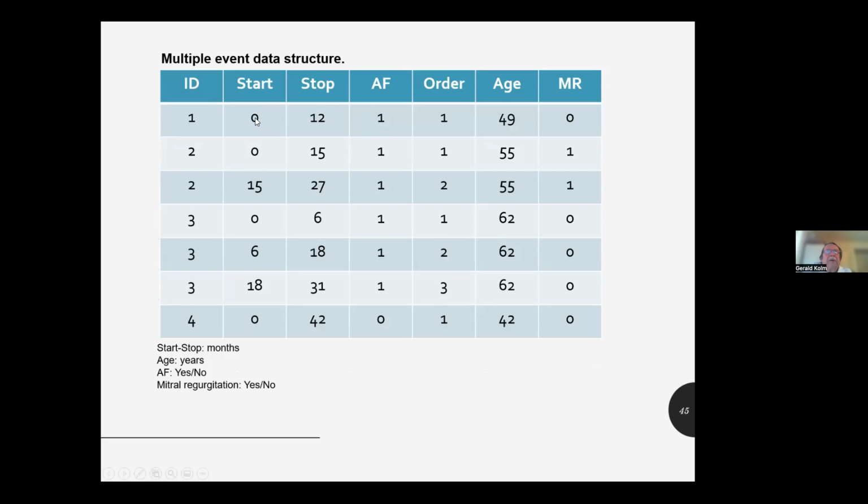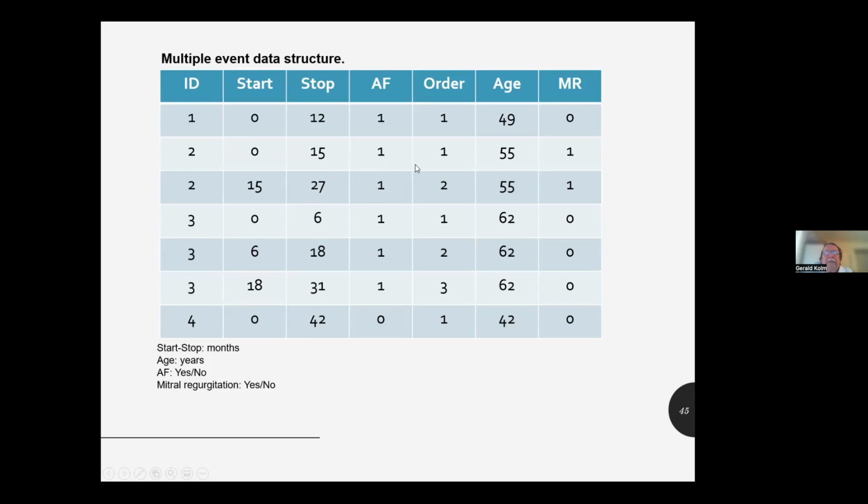So here, the first patient had an event at 12 months. So there's just one row for this, and this is age, and MR is mitral regurgitation. So patient 2 here had an event at 15 months, and then at 27 months, they had a second event.